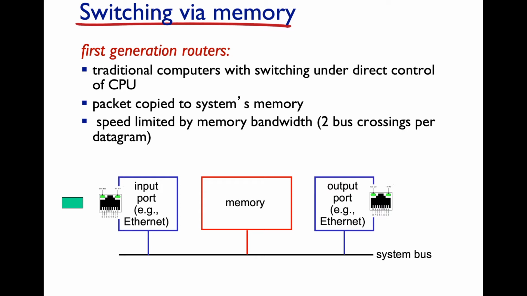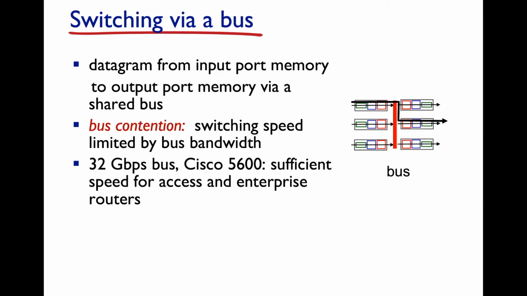And so a packet is copied into the system's memory, and the speed, therefore, is limited by memory bandwidth, as well as 2 bus crossings to get from an input port across to the memory, and then from memory across to the output port. So your datagram comes in, is sent into memory, they queue in memory, and then they're taken out and sent to the output port.